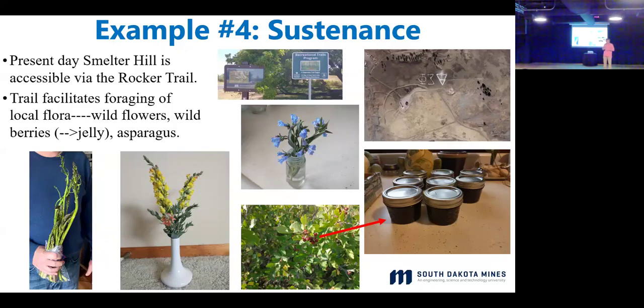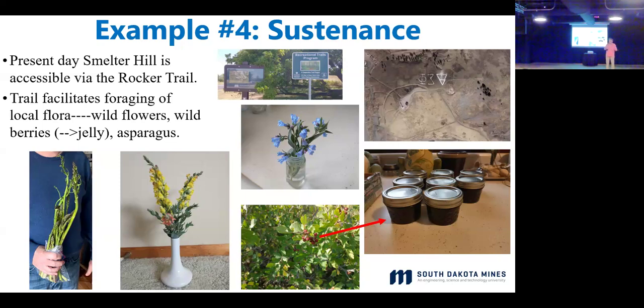I was always trying to get it. Can you tell me where the berries are up there? And he's very, very cagey about his berries. But I found them up there, and then, oops, sorry. My mother's 94. She helped me can some sand cherries from Smelter Hill.